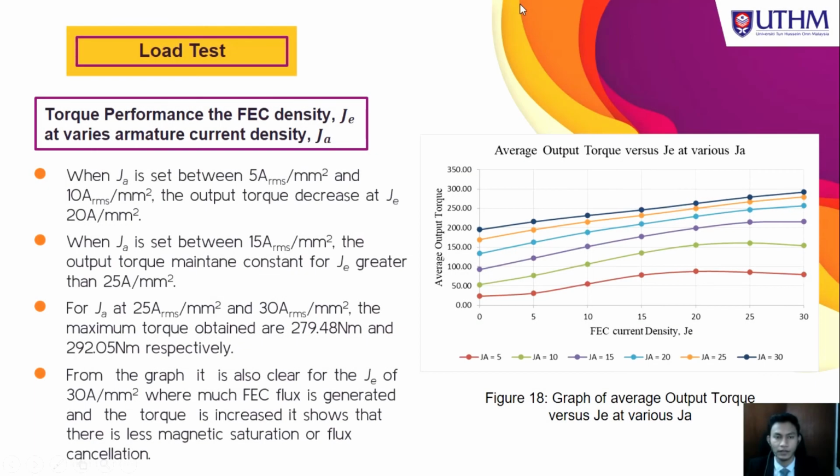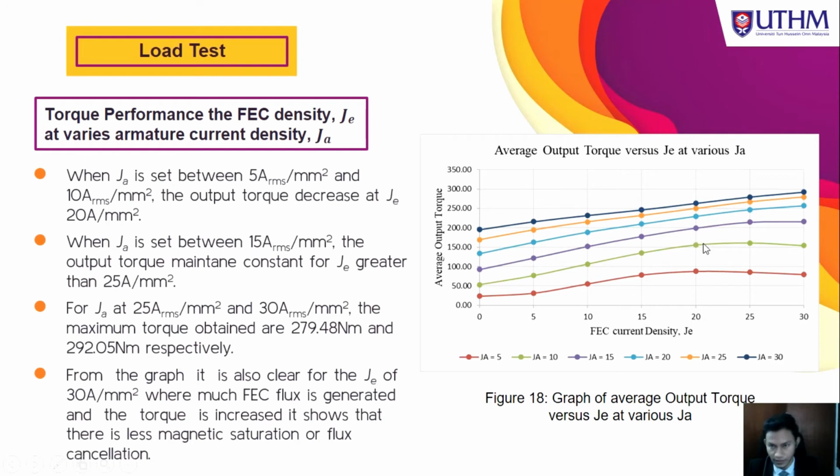So this is for the load test analysis, which is Figure 18, showing the graph of average output torque versus JA at various JA. When JA is set between 5 and 10, the output torque will decrease at JE 20 ampere.